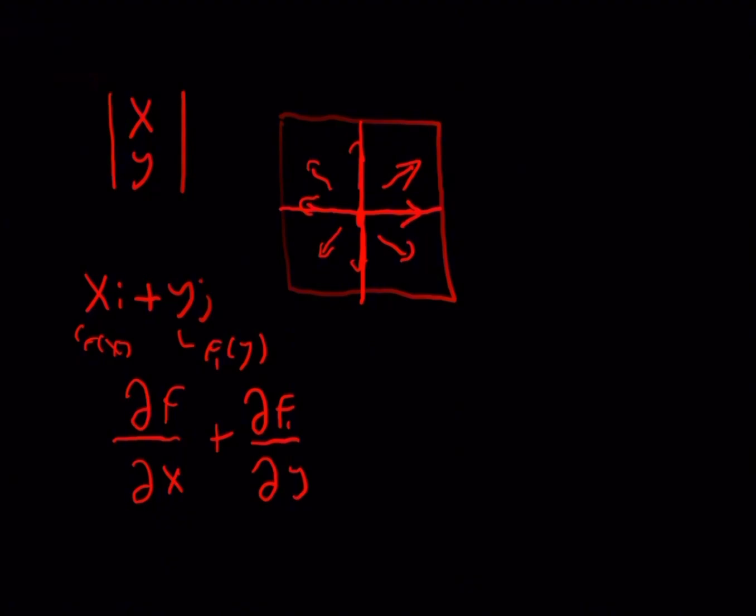So, when we do this, the partial derivative of f1 with respect to x yields 1, and the partial derivative of f1 with respect to y also yields 1. And we will see the final solution is going to be 2. So we have a divergence of 2 for the vector field (x, y). And due to the fact we got constants, the divergence is equal all throughout the vector field.